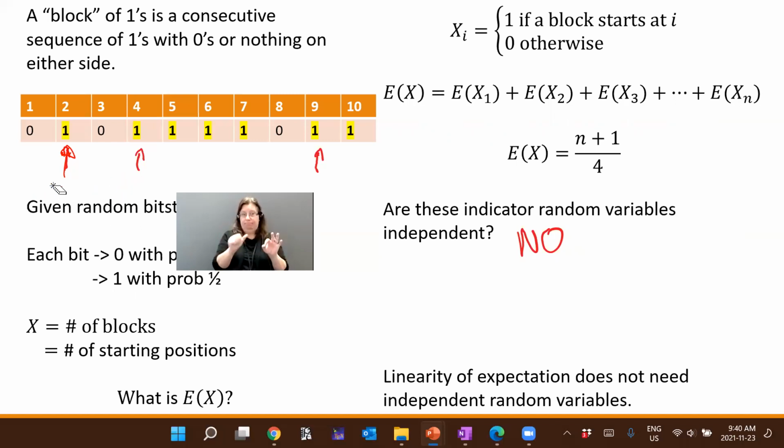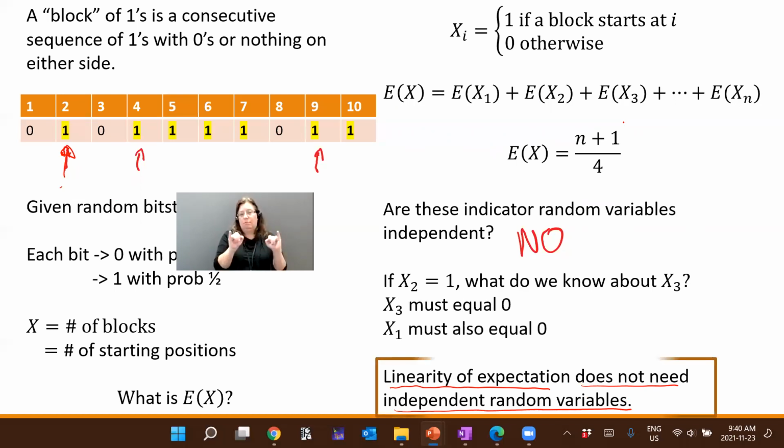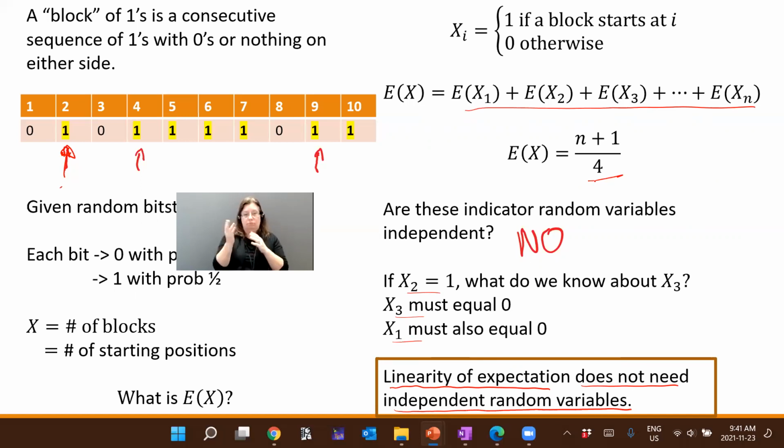That's kind of weird and counterintuitive, but it's one of the things that makes it most powerful: these random variables are not independent, but I can still use linearity of expectation to compute the expected value of X. That's a really good observation, and the explanation is that we just didn't use independence when we proved it, so it doesn't have to be independent.